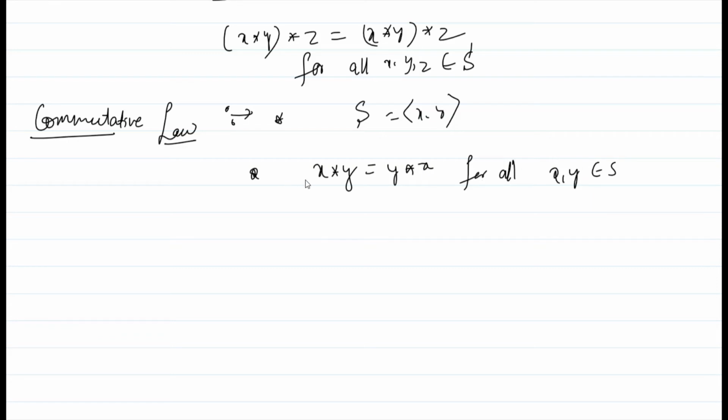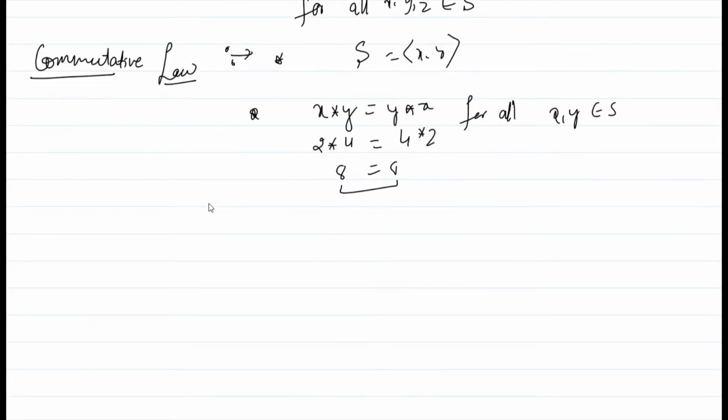To prove this you can take any number. Say for example, if I take x as 2, y as 4, it is equal to y as 4 again, x as 2. 2 fours are 8, 4 twos are 8. Yes, here both are equal, right? That is the definition of the commutative law right here.